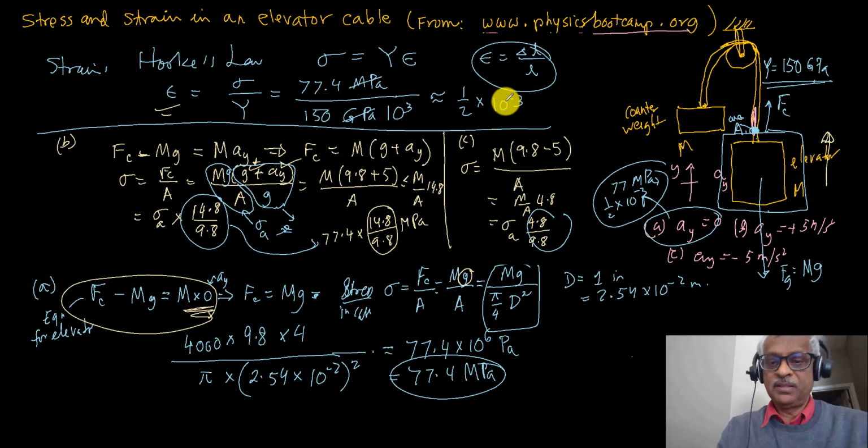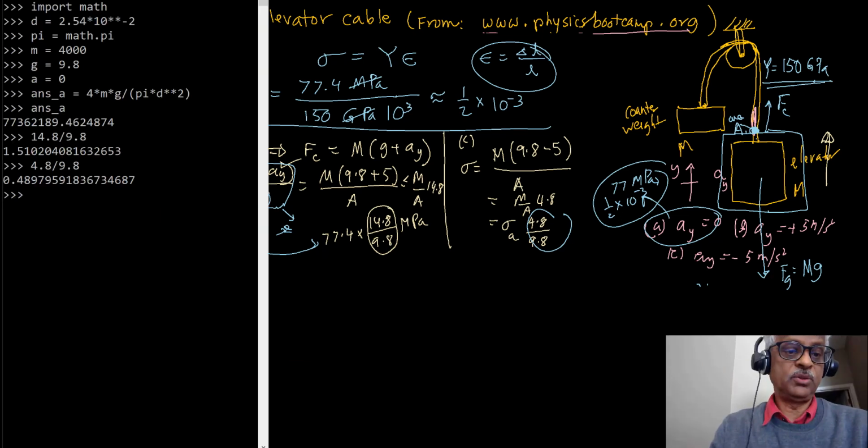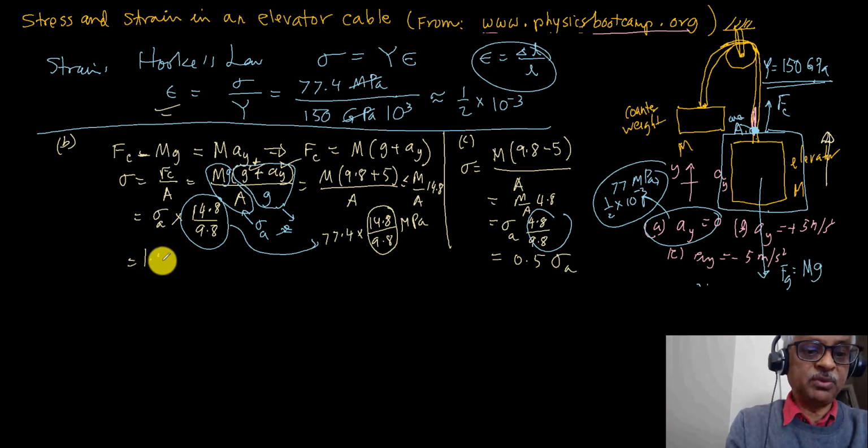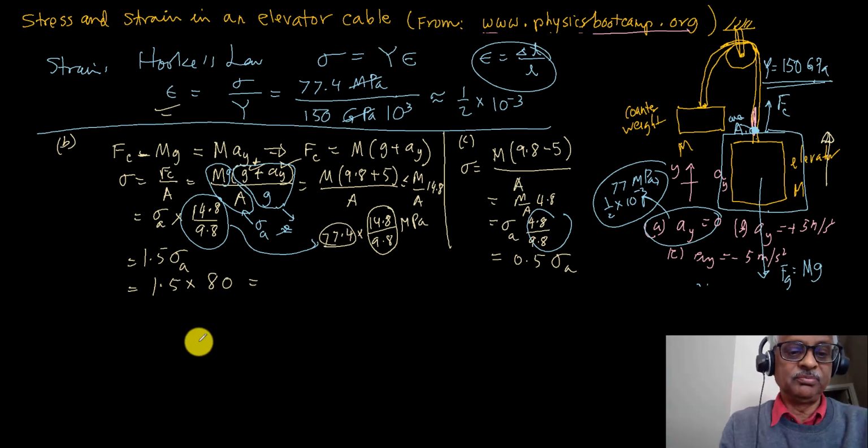Let me erase and just get the answer for you. So this one says I've got 1.5 in one case and half as much in the other. This one will be 0.5 sigma A, and this is going to be 1.5 sigma A. Let's just call it 80 megapascal for an easier calculation.